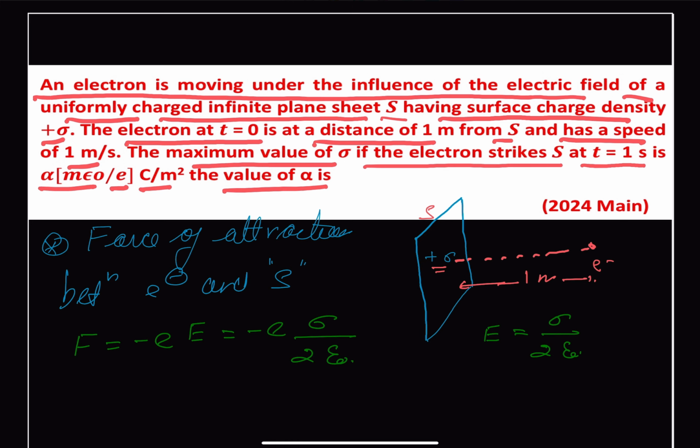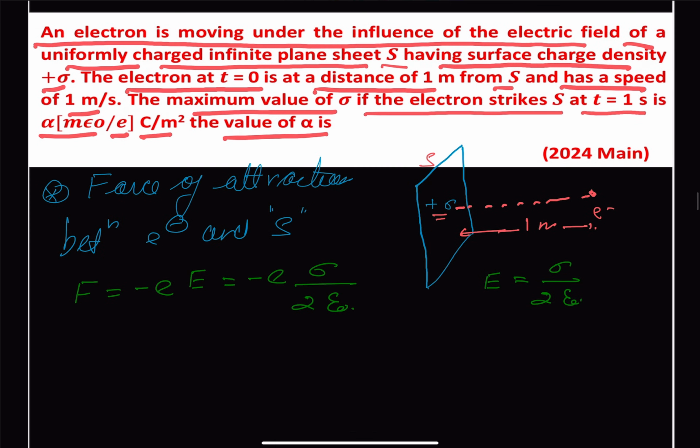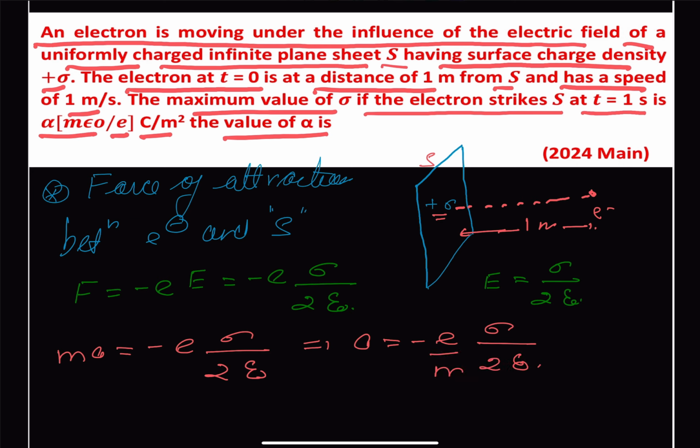And force results in an acceleration, that is, mass into A will be equal to minus E sigma upon 2 epsilon naught. So this gives us that our acceleration A will be equal to minus E sigma upon 2 m epsilon naught. So this is the acceleration of the electron.